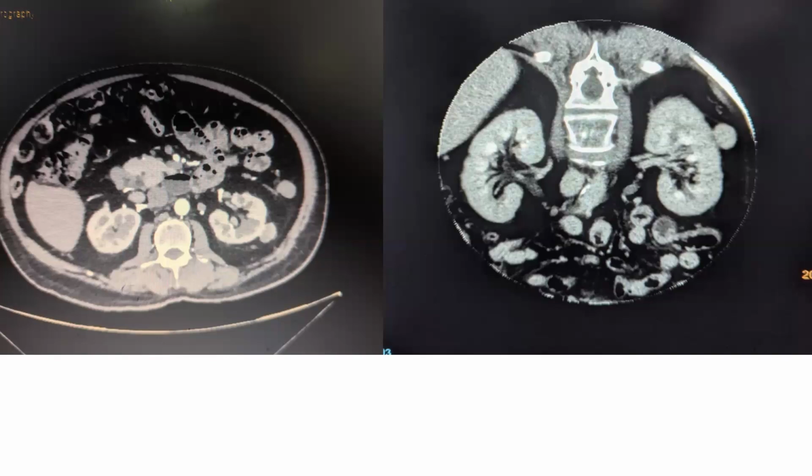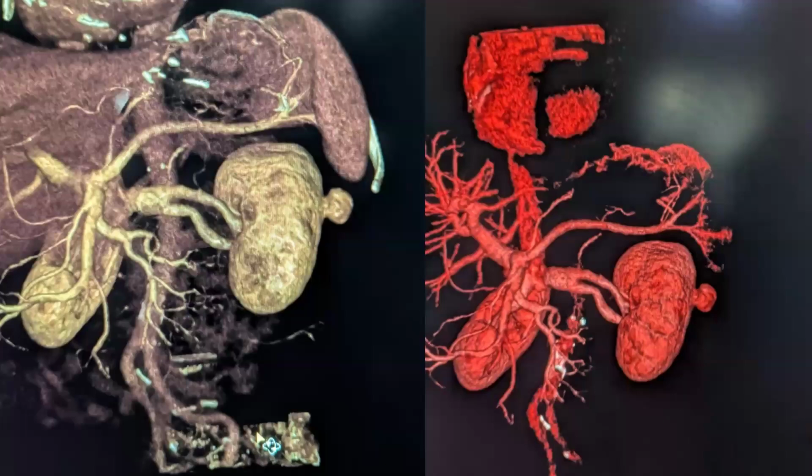I don't have all the pictures, but whatever I can see, yes sir, it's more of a mid pole mass, an exophytic mid pole mass. Okay. Early branching of renal artery is there.